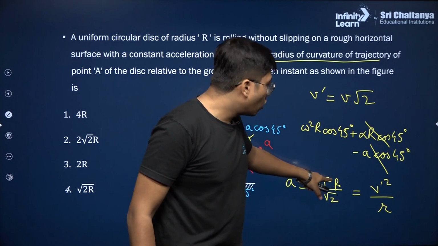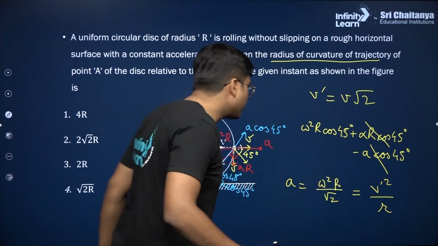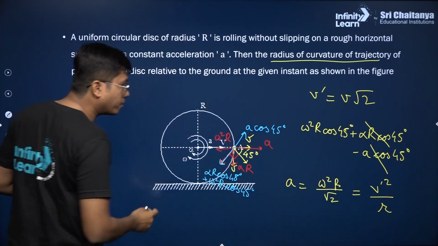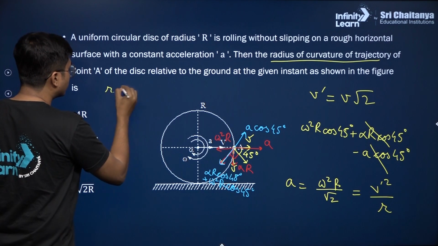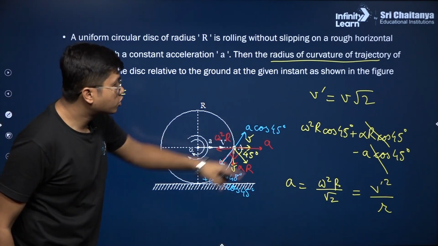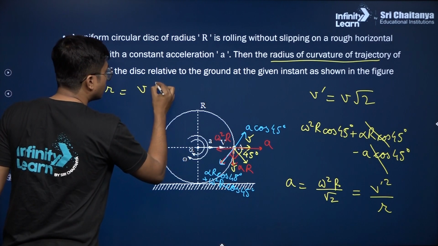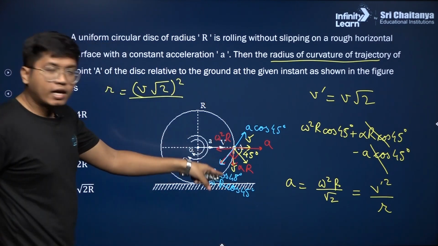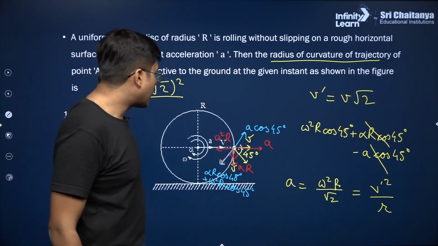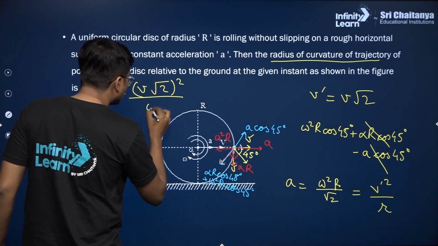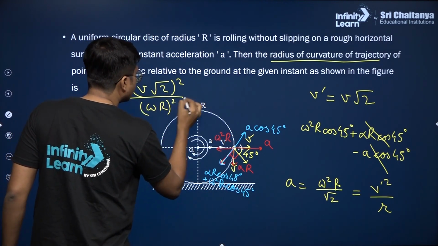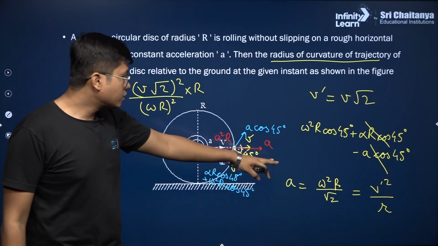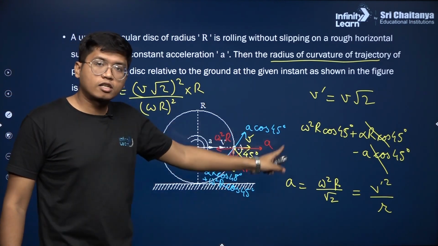Now over here, it's a bit of a longer question, let's take it up here. So our small r is equal to v dash square, v dash is just v root 2 whole square, divided by omega square r. Omega square r can be represented as omega r whole square divided by r.